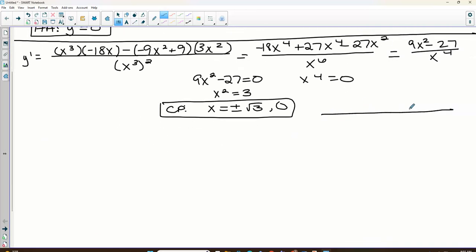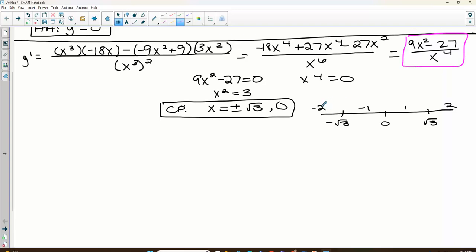So then we do our sign line. Smaller than the square root of 3, so maybe -2. In between, maybe -1, between 1 and 2. And I'm plugging these into my derivative.